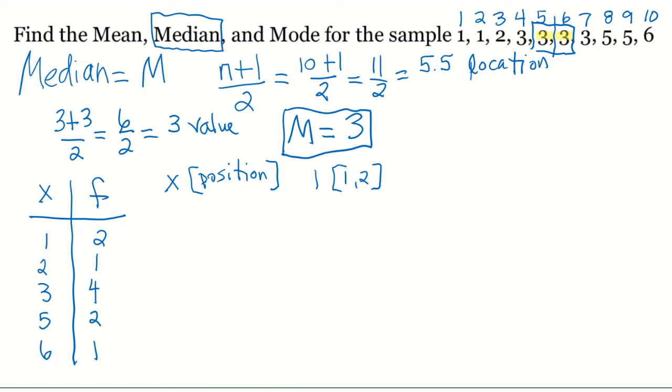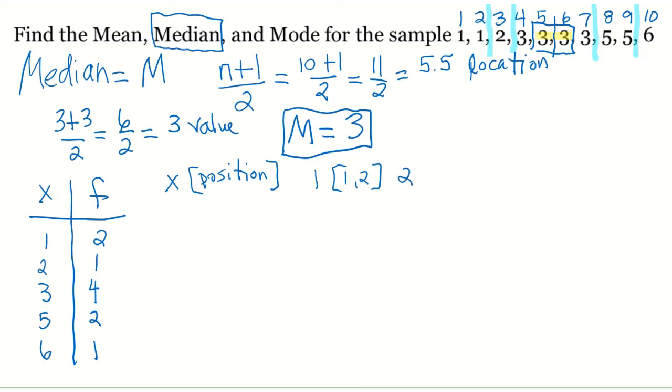And we'll use this color just to break up. So these are all the boundaries that we're going to break up. So 1 occupies positions 1 and 2.